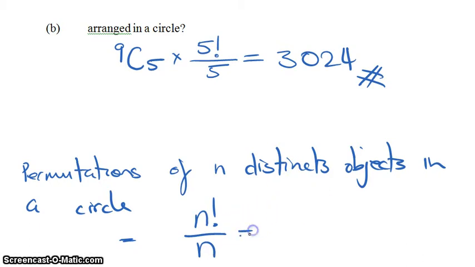So in other words, we can also write this as (n minus 1) factorial. Either way is fine, and this is a well-known result.